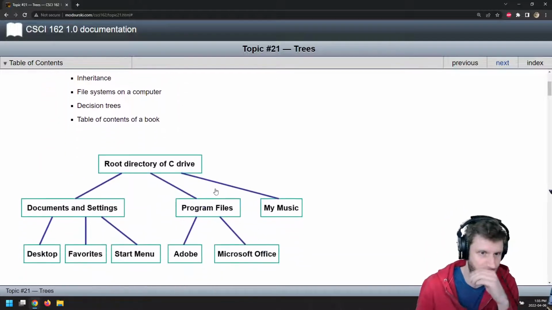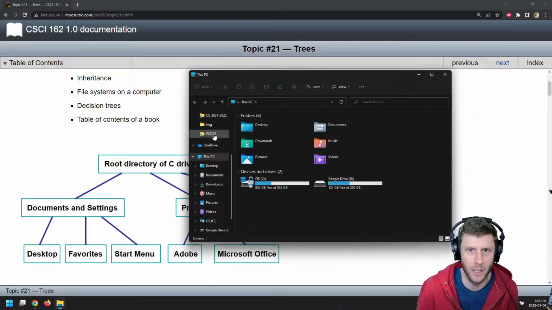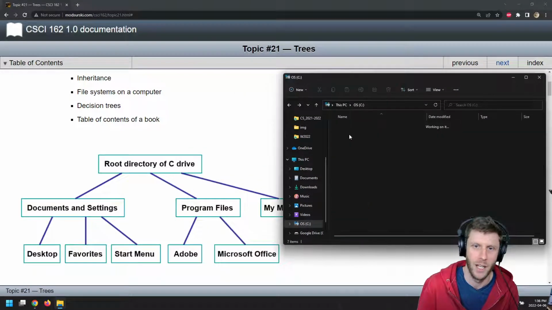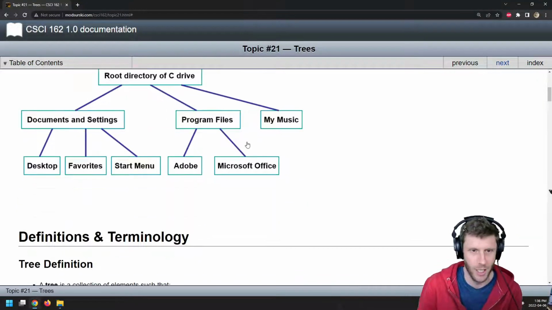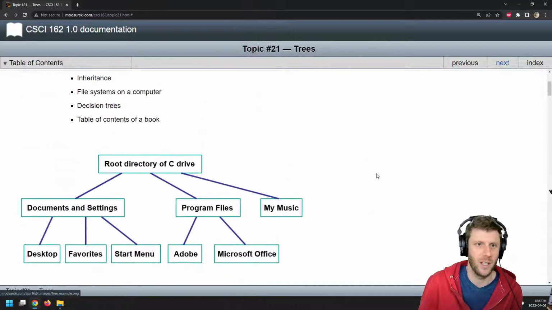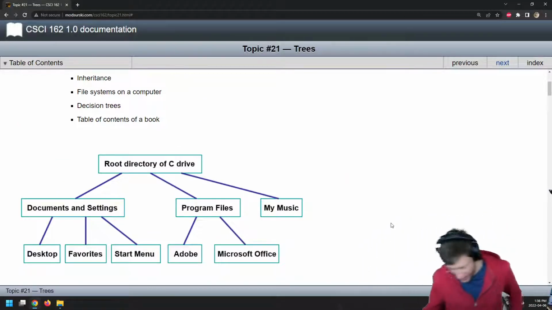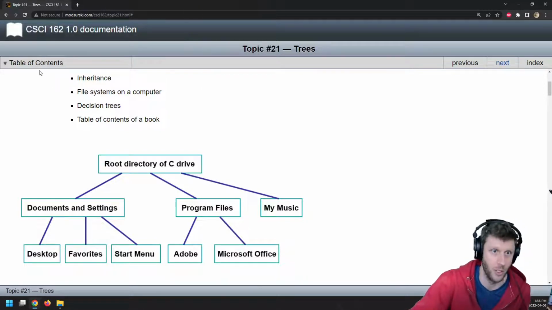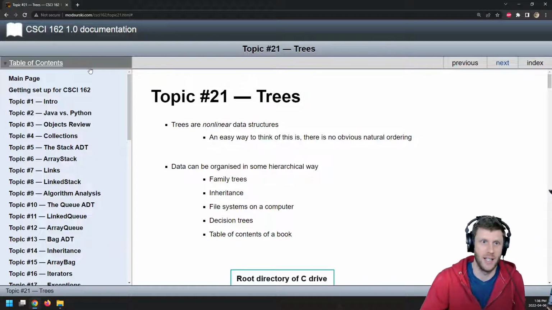An example of this might be the file system on your computer. I go here, let's go C, and then under C we see all these, okay, program files, and under program files, it's like this tree structure. Tables of contents of a book are in a tree structure too. This page right here is in a tree structure.